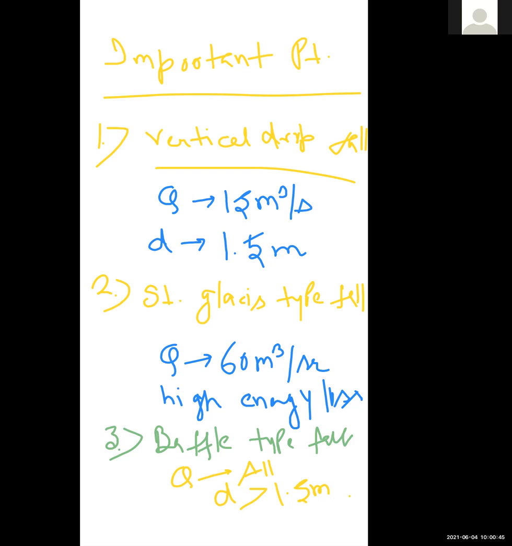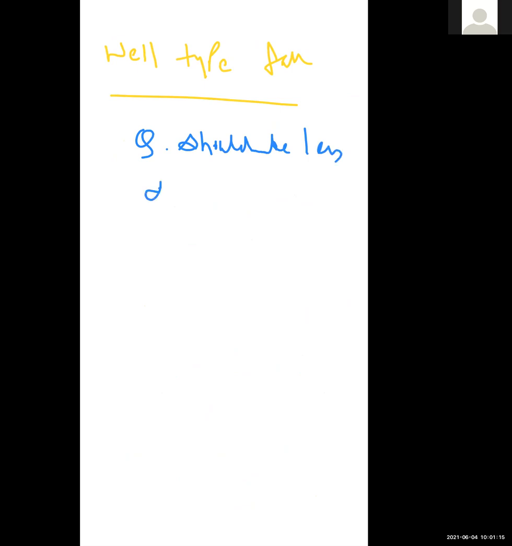Next is the well type fall. So well type fall is suitable for low discharge with high drop. Well type fall: Q should be less, and fall, meaning depth, should be high.